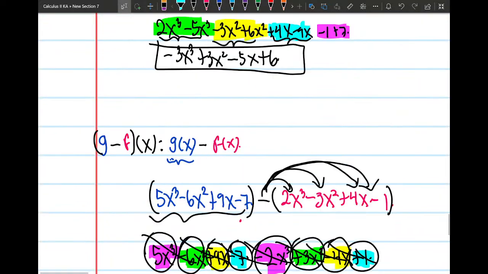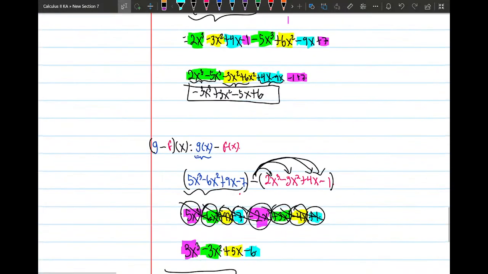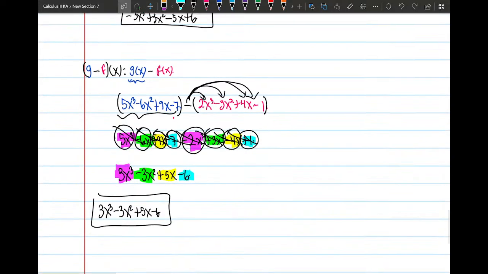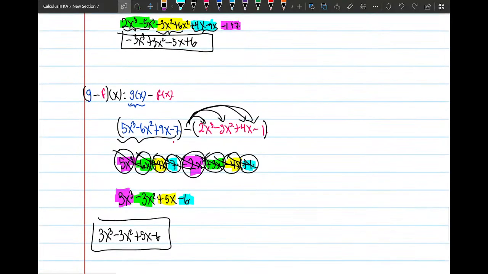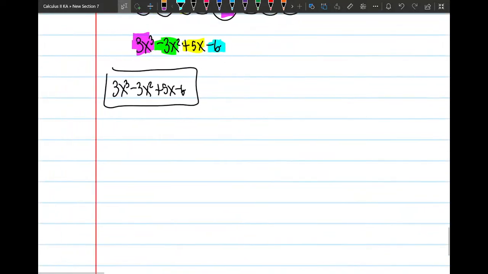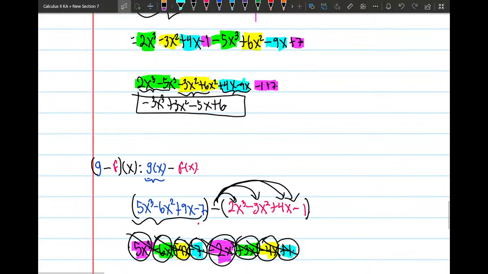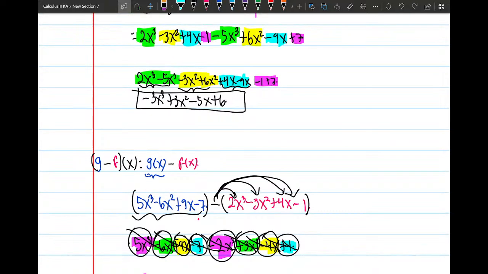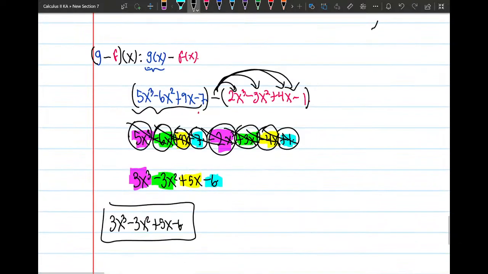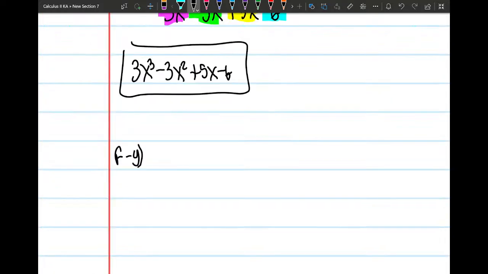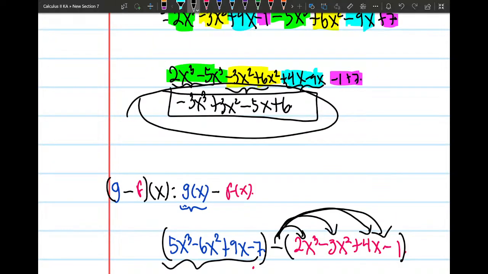Now notice one particular thing, guys. We have two different things. So for f minus g of x, I want to make this very clear. When we said f minus g of x, what we got for that was this following thing.